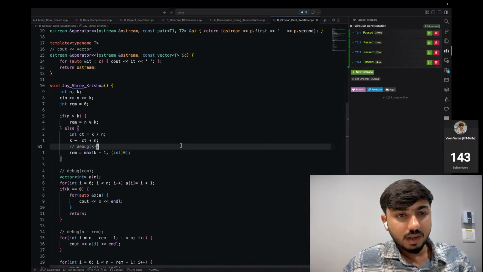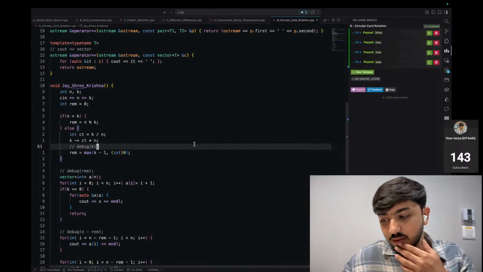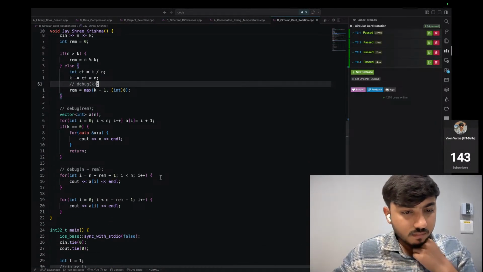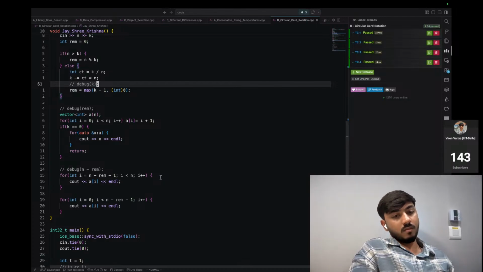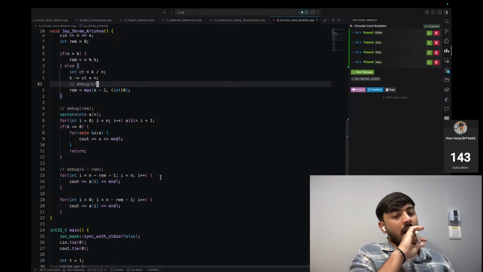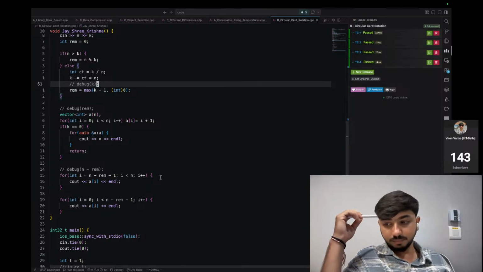K is 10 to the power 18, that's fine. N minus 1, that's the last accessible element.